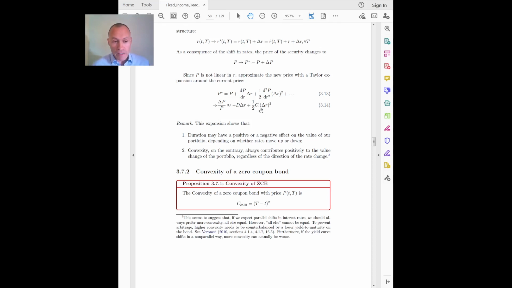But that's not the same thing with convexity. Convexity multiplies the change in rates squared, so this always becomes positive, meaning that regardless of interest rates going up or going down, I always prefer to have higher convexity, in the sense that the higher the convexity, the bigger the positive increase in price.